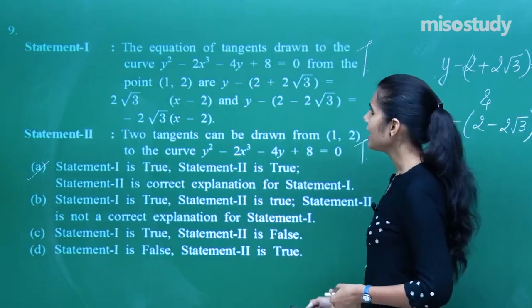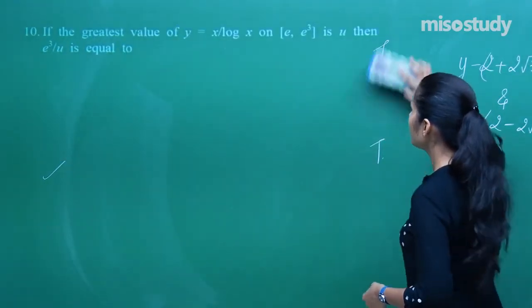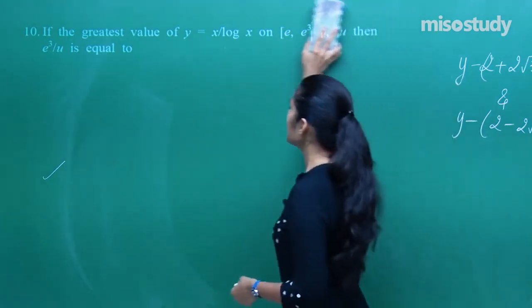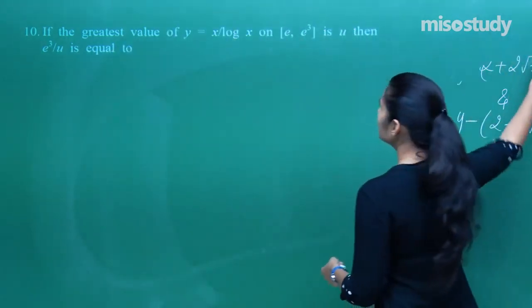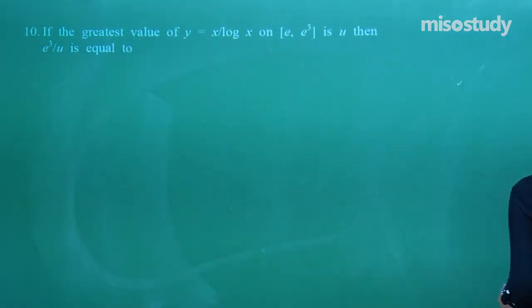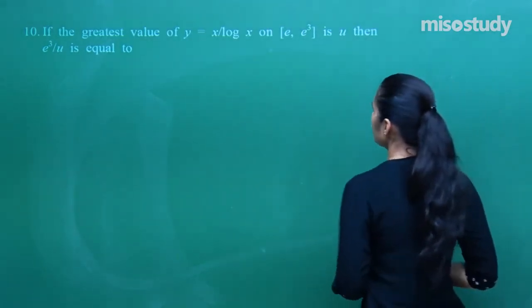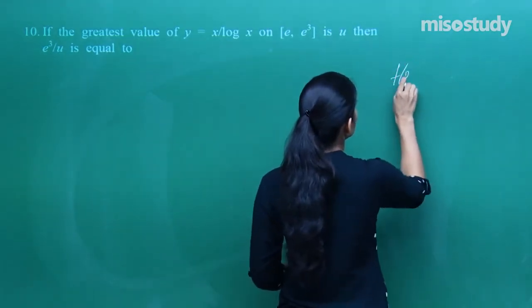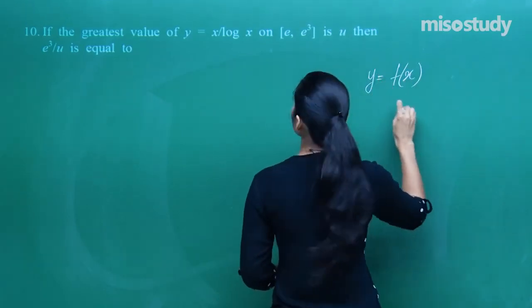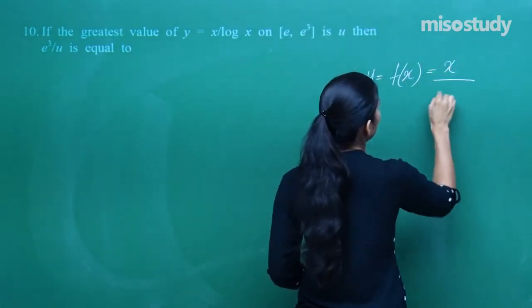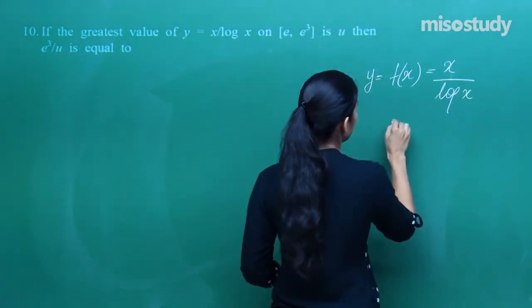Moving to the next, we have, if the greatest value of y equals x upon log x in this particular interval is u, then what is e cube by u? Okay, so if I talk about this function, let me take y equals f(x). It is x upon log x. Just apply the division rule.